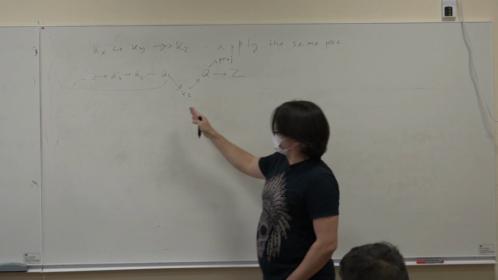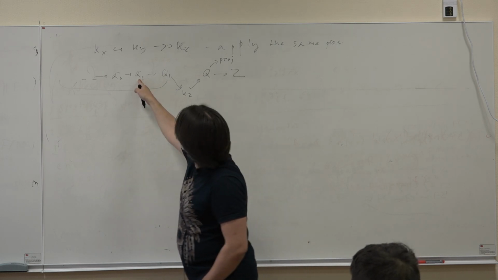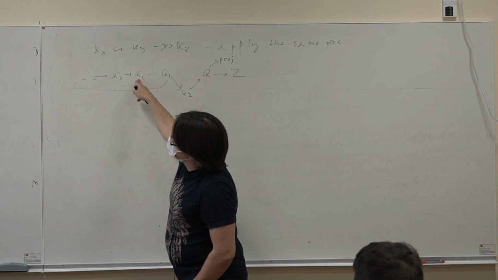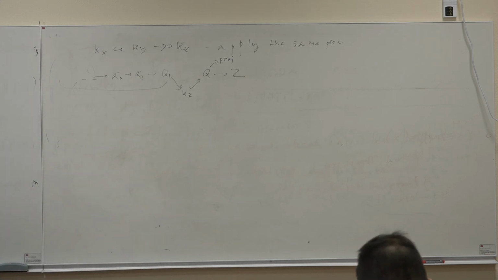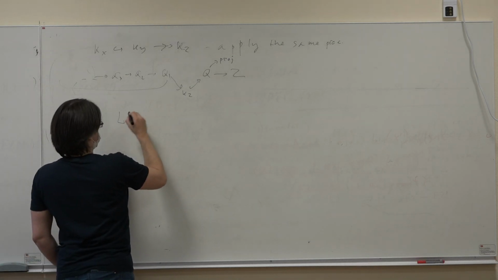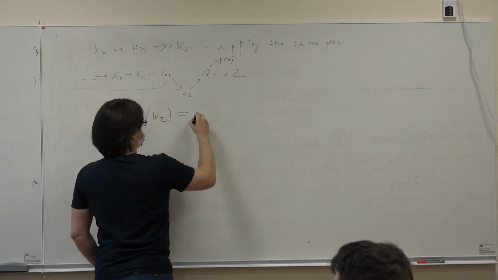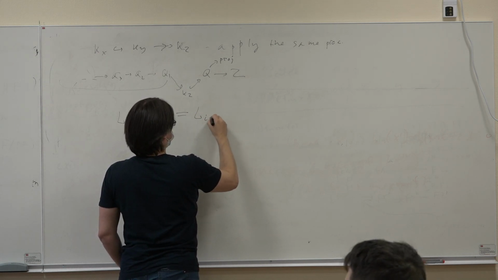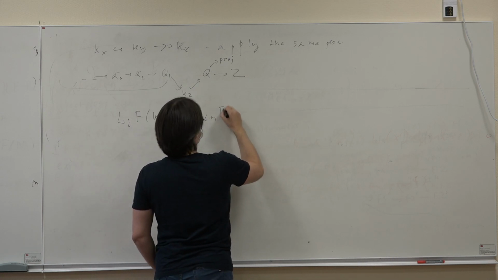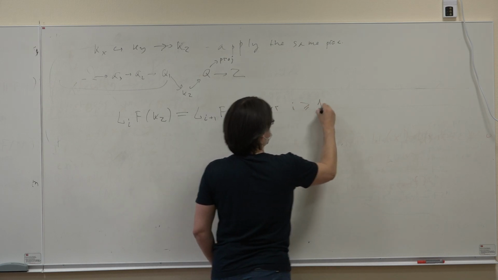So starting from the first homology of kz, Li f of kz equals L i plus 1 f z for i greater or equal to 1.